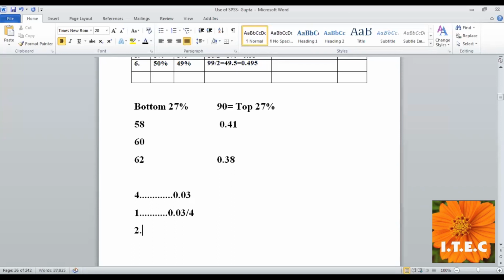When the difference is 2, then the value will be 0.03 divided by 4, and this whole has to be multiplied by 2. And when you multiply by 2, then it comes to 0.03 divided by 2, and this will be equal to 0.015.